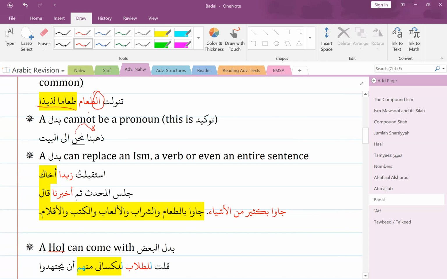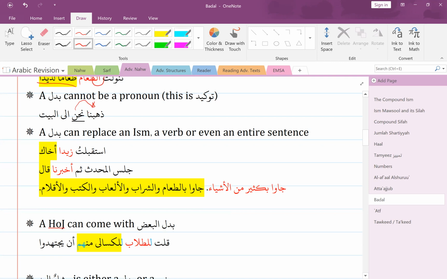Because this is a form of tawkid, and we shall see this when we talk about tawkid. And also, when you take the basic test of badal, if you try and replace this, can you say ذهبنا إلى البيت? You can say, yeah, ذهبنا إلى البيت, we went to the house. But can you say نحن إلى البيت? It's a totally different meaning. We are in the house. It doesn't give the same meaning. So you can see this is not a badal because the meaning has completely changed. Okay, so just be careful of that. If you see a pronoun, that's not a badal.